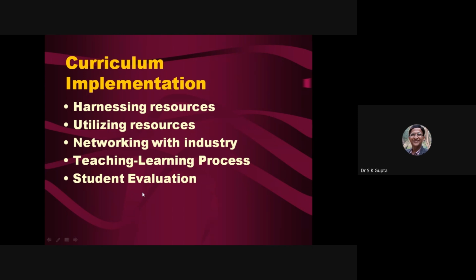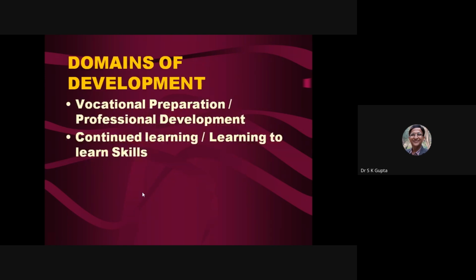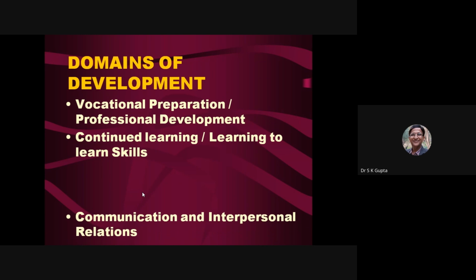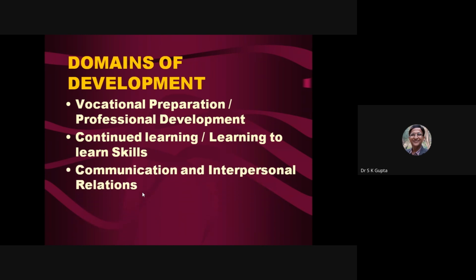I will also discuss in that effective curriculum implementation session, because one gentleman, Dr. Sharma ji, was asking whether we are to develop in our students universal human values, UHV, or moral values.